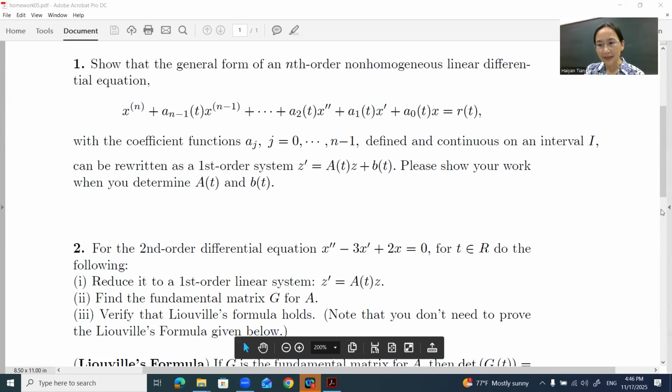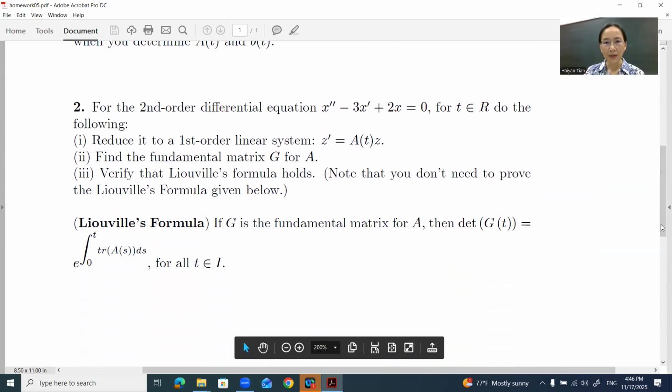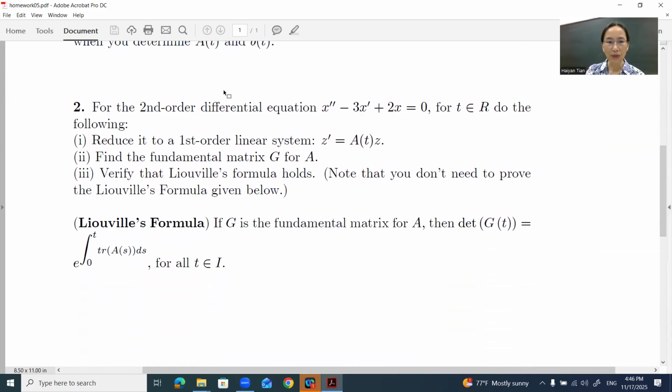As a practice, you can work on number two. See, this is a second order equation, right? The coefficients are not depending on t.